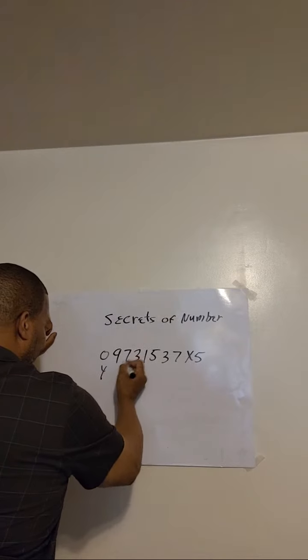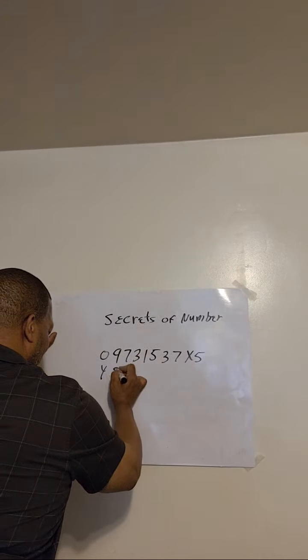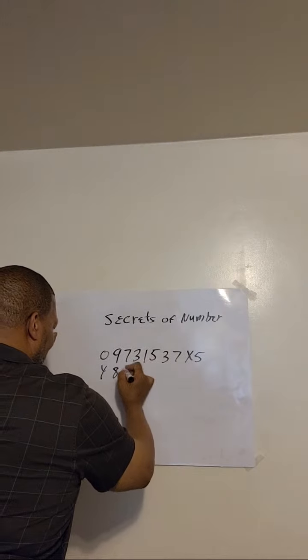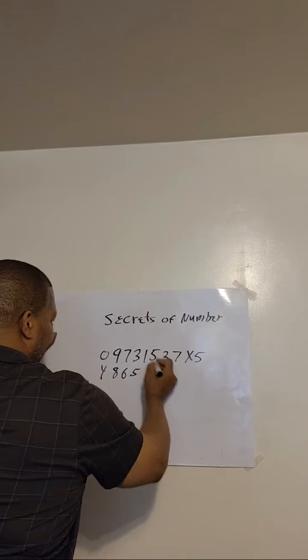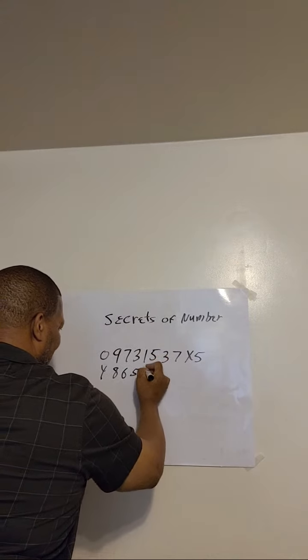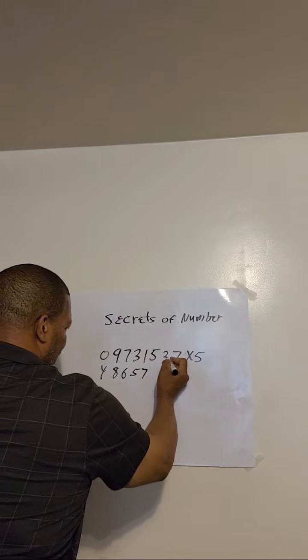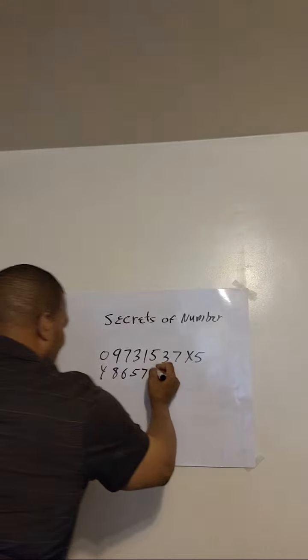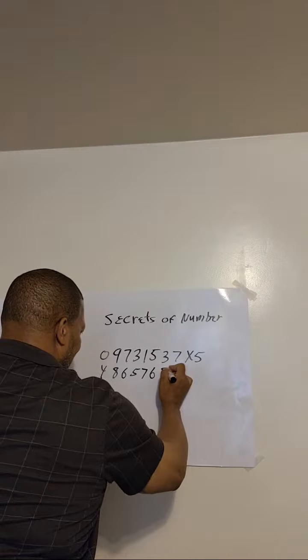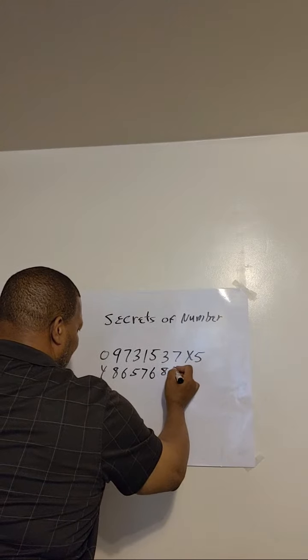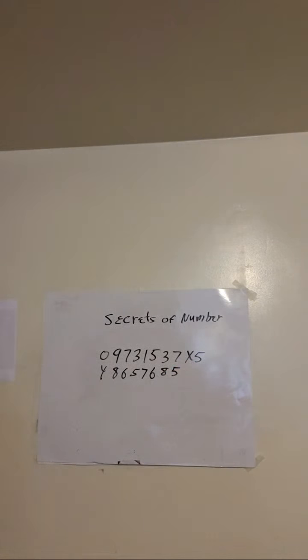Okay? 3 to 5 is 8. 1 to 5 is 6. 0 to 5 is 5. 2 to 5 is 7. 1 to 5 is 6. And 3 to 5 is 8. And it's an odd number. It's a 5. That's the answer.